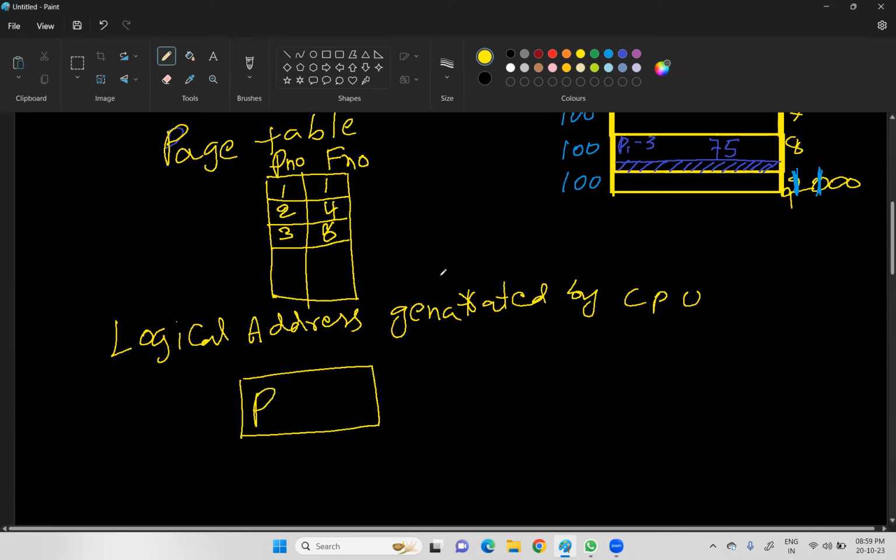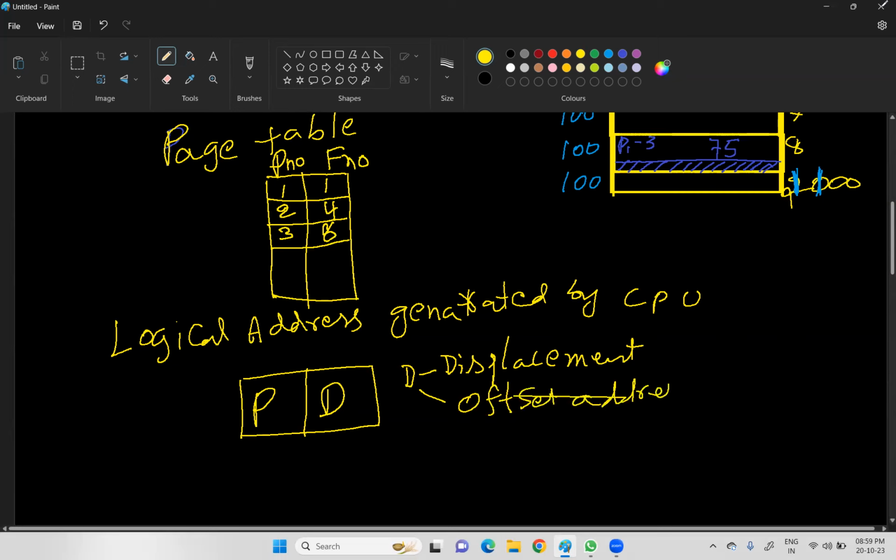The first one is the page number, the second one is the displacement. It is also called the offset address, either of these two.